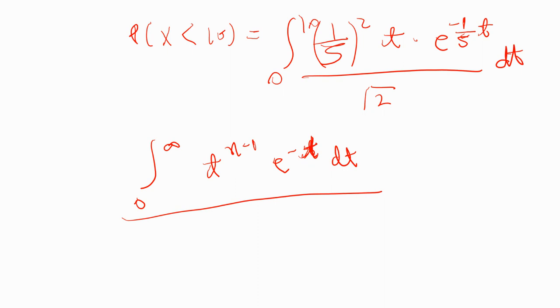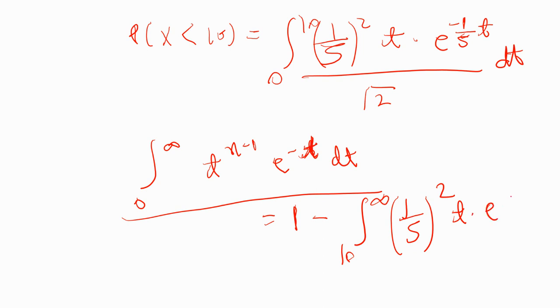So what we will do is subtract: 1 minus the integral from 10 to infinity, and then it will be 1 upon 5 squared. Gamma 2 is 1, so we can neglect that. t e to the power minus t by 5 dt.